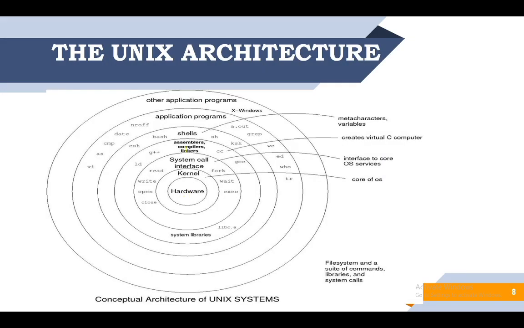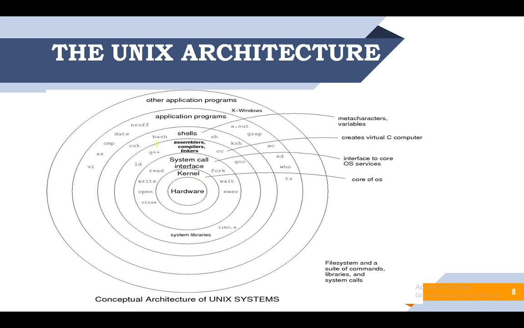This is the detailed diagram of the Unix architecture. Hardware is there, then the kernel, that is the core of the operating system, then we have the system call interfaces through which you can directly communicate with the kernel. Then assembler, compiler and linkers are there which will create a virtual C computer for the user. Shells will be there, n number of shells.